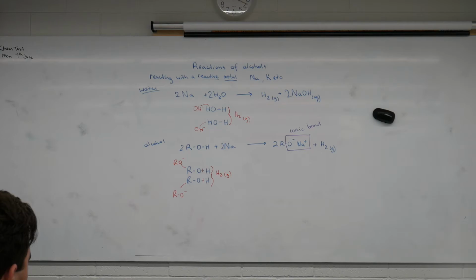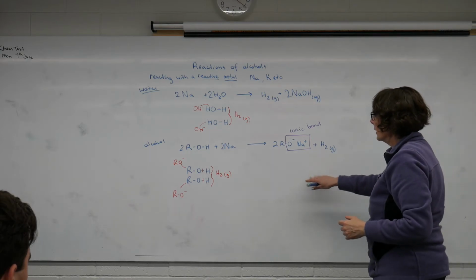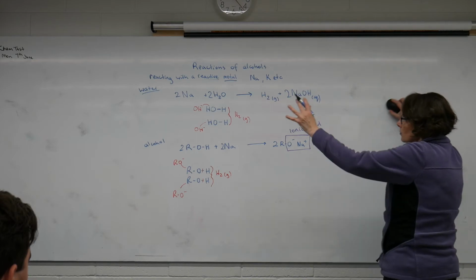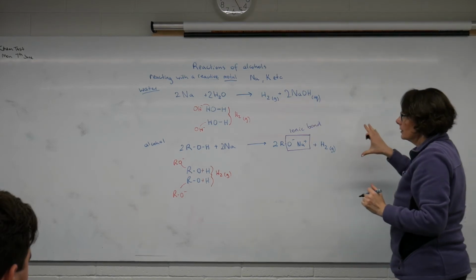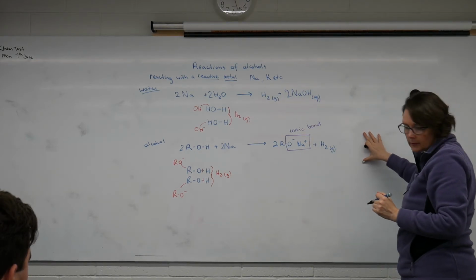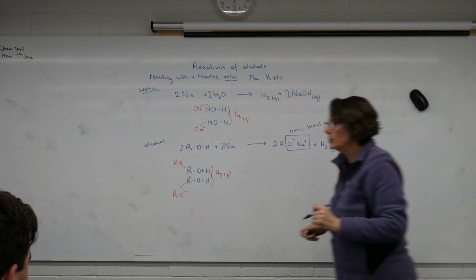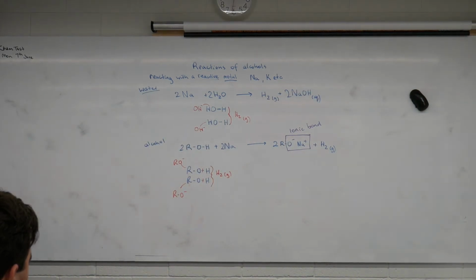Now, all of our alcohols will react this way. So, just like water, our alcohols react with a reactive metal to form hydrogen gas. And if you look on your formula sheets, you can also find this reaction.